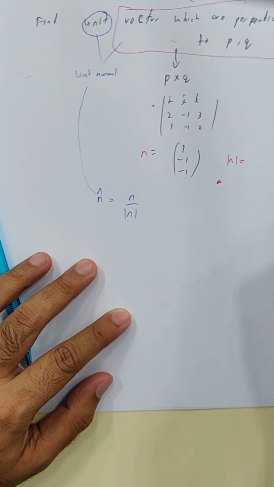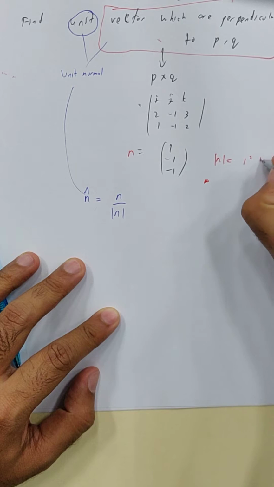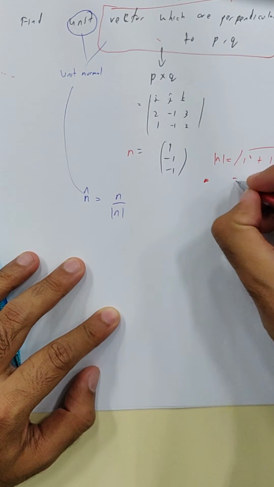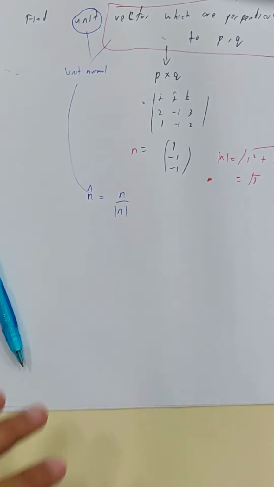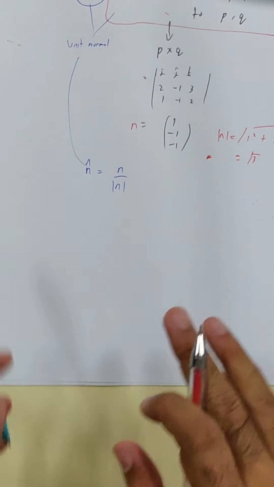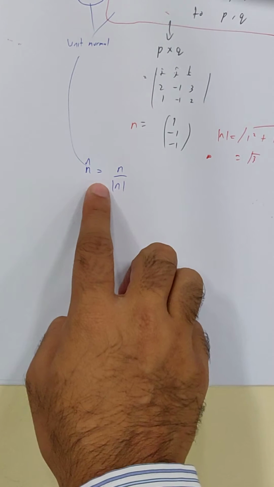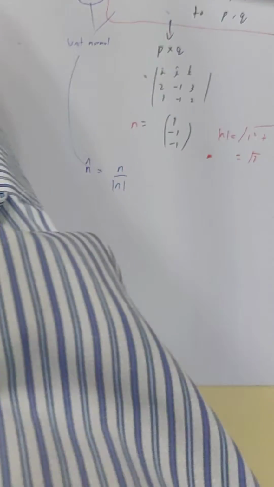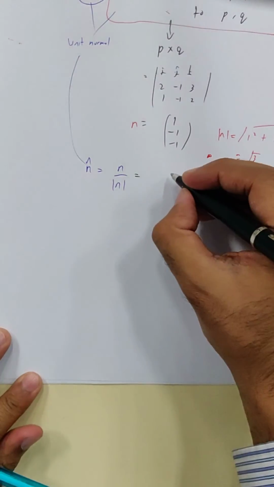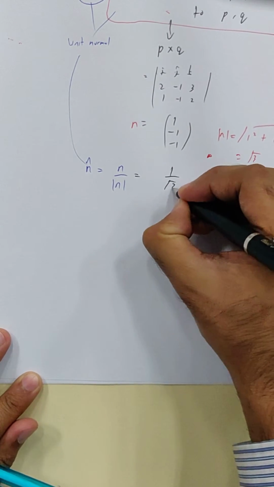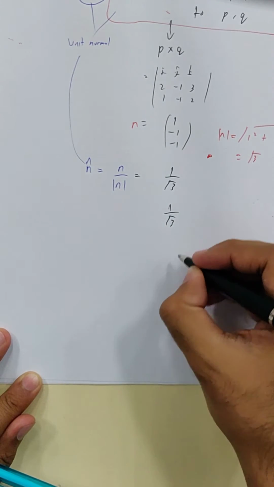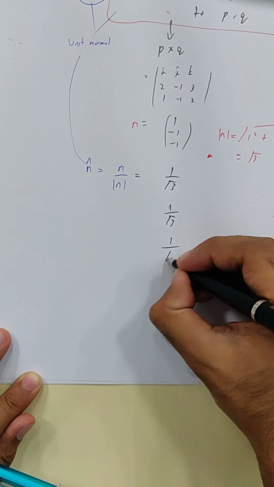So n modulus is square root of 1 squared plus 1 squared plus 1 squared, which is square root 3, not 1 square root. So how do we write our answers? One over square root 3, 1 over square root 3, 1 over square root 3.